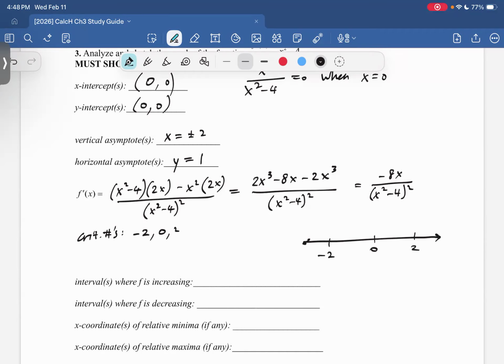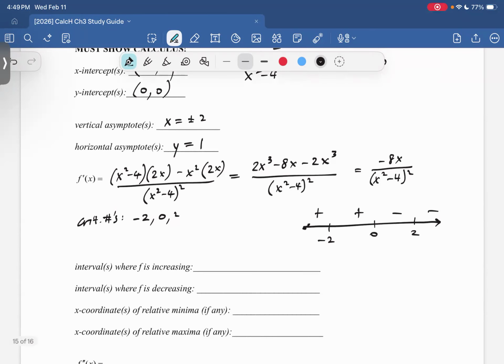And then we'll have to test different values within those intervals in the derivative that we have. And we'll find this is increasing, this is increasing, this is decreasing, and this is decreasing.